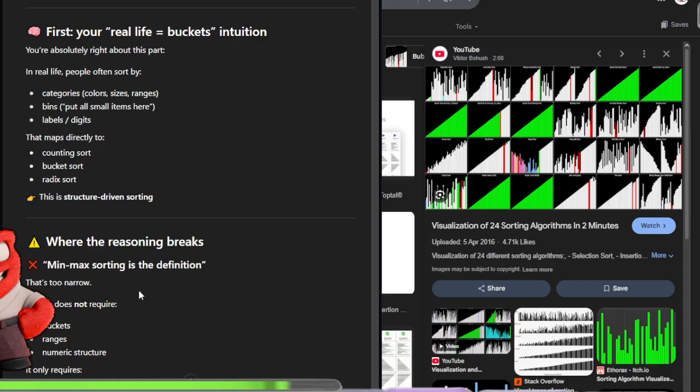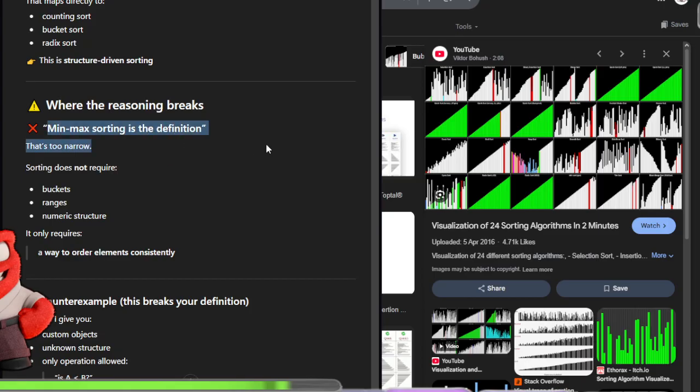It's even less useful than the main sort. Like, the main way of sorting is the most useful. So the min-max sorting is the definition. Why is it too narrow? What do you mean it does not require ranges, though?